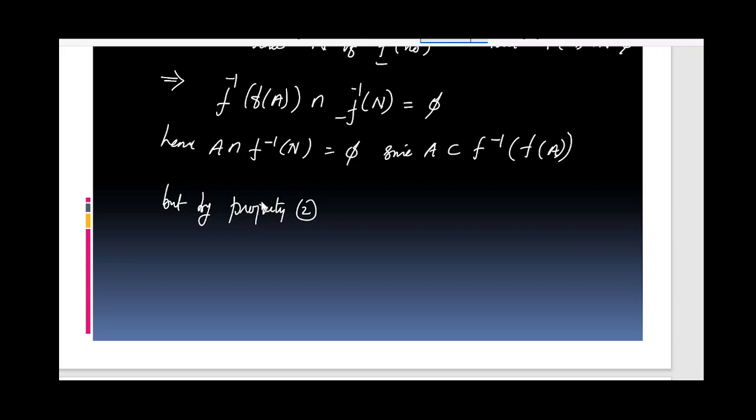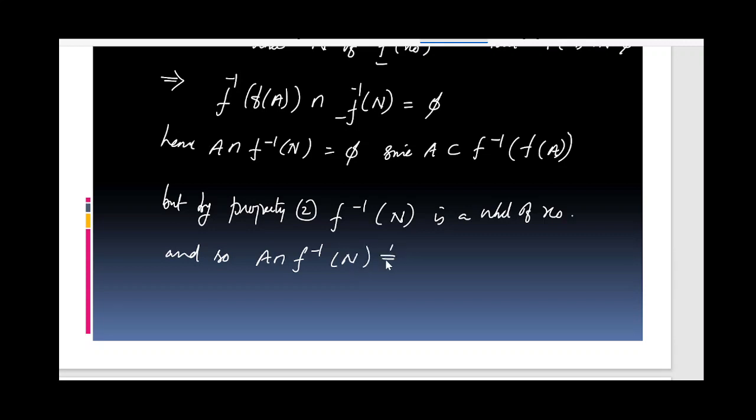By property 2, every neighborhood of f of x naught, right? f inverse of N is a neighborhood of x naught, and so A intersection f inverse of N cannot be empty, right?